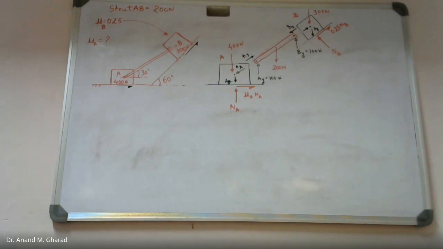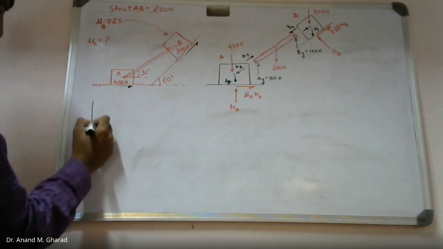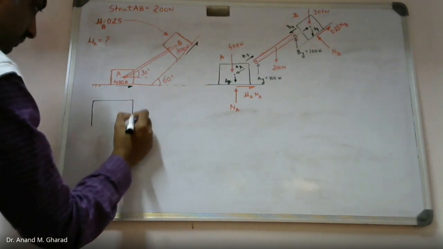Block of 400 Newton and block of 300 Newton. That is, let us consider free body diagrams for A and B. Fine. So let me say free body diagram of A. I will draw it on a bigger scale.